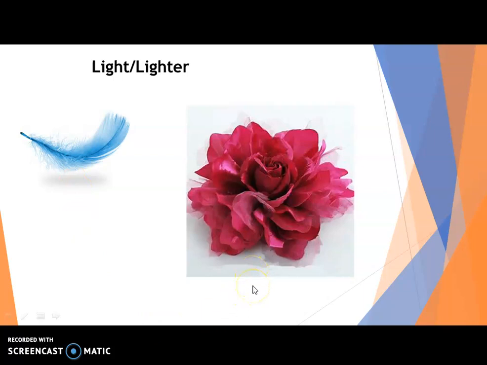We can say now that the flower is light, but the feather is lighter than the flower. The feather is composed of smaller weight, lesser weight than the flower. So that is light and lighter.